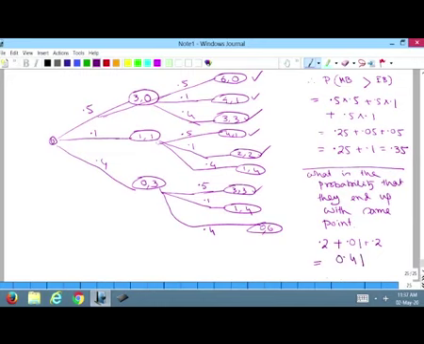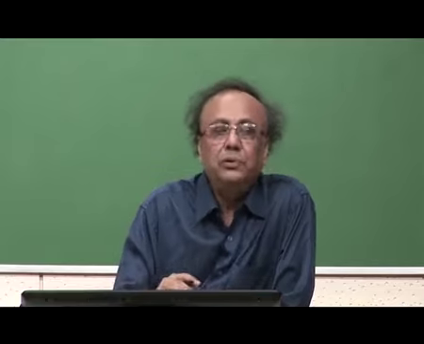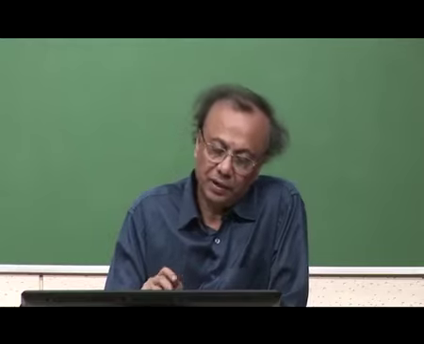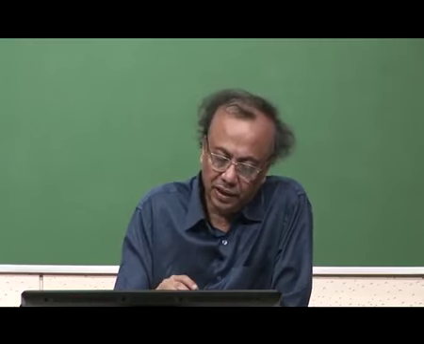Therefore, it is obvious that the probability Mohun will have fewer points than East Bengal, you can easily understand that these two together are 0.76. Therefore, this is going to be 0.24.